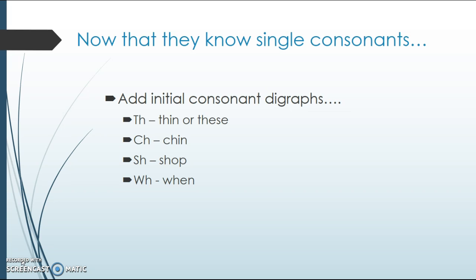Say them to yourself: thin, these. So slightly different pronunciation of that TH grapheme. Then we also have the CH as in chin, the SH as in shop, and the WH as in when or where. And these are fairly frequently used consonant digraphs that students will see in their reading.